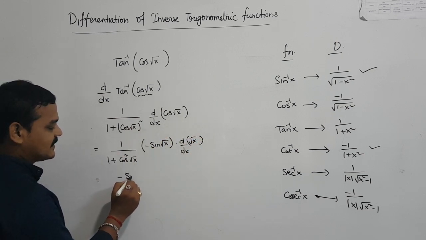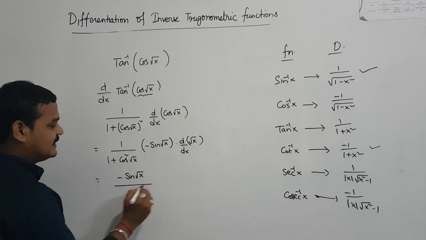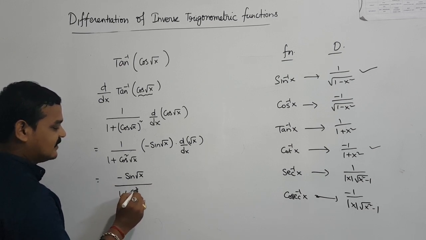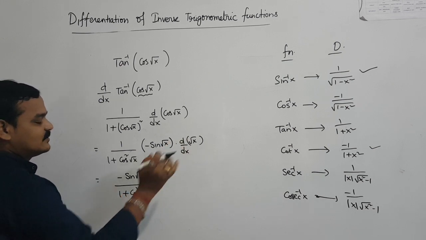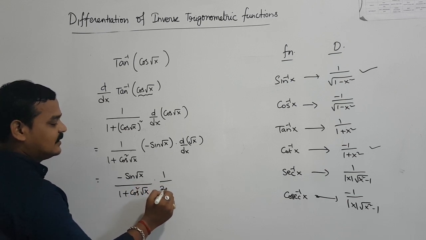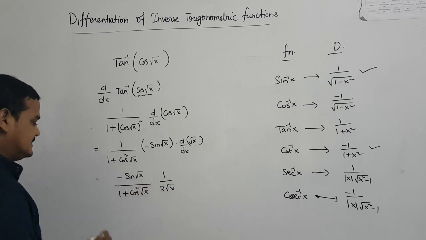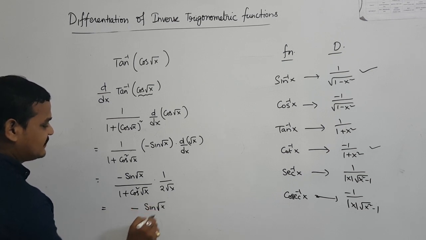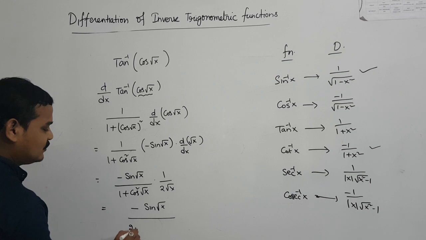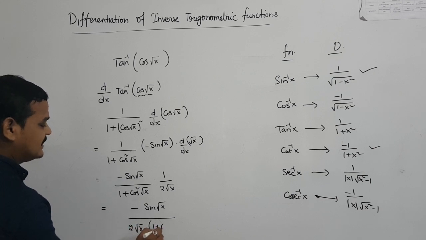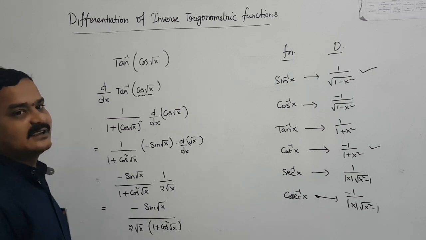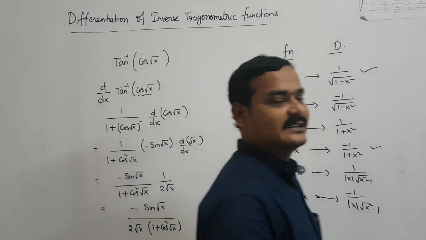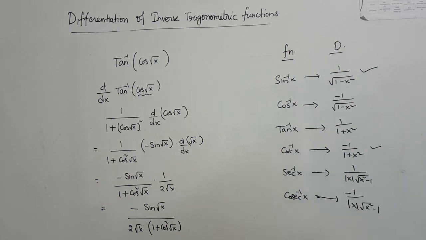That is minus sin of root x by 1 plus cos square of root x, into the derivative of root x, which is 1 by 2 root x. Finally the answer is minus sin of root x by 2 root x into 1 plus cos square of root x. This is the differentiation of inverse trigonometric functions with three functions.